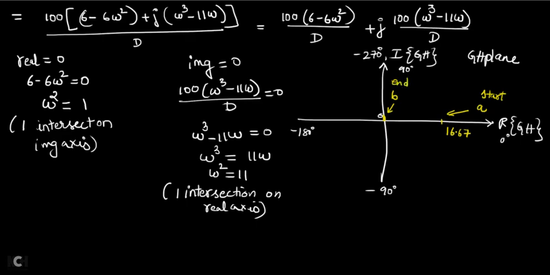Whether to join like this or like this is told by your intersection points. One intersection on the imaginary axis, one intersection on the real axis. Whether to start the diagram from A clockwise or anti-clockwise is told by your rotation angle.